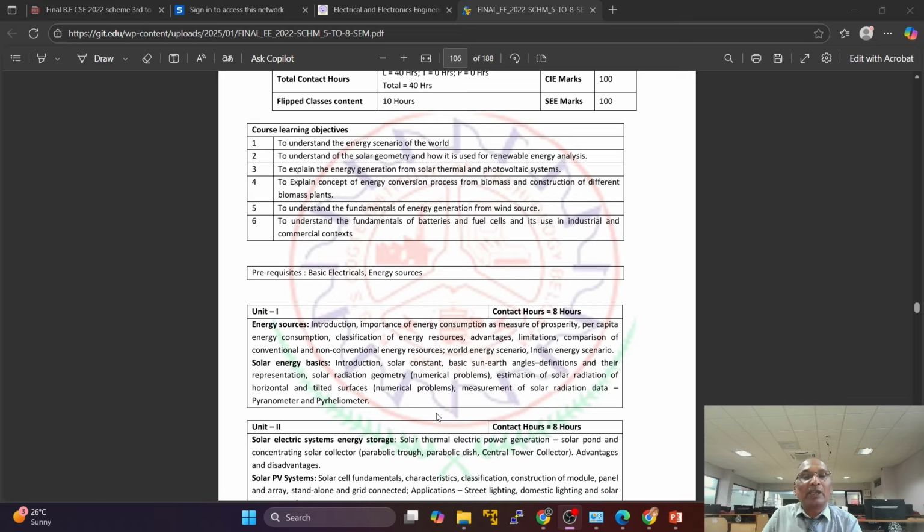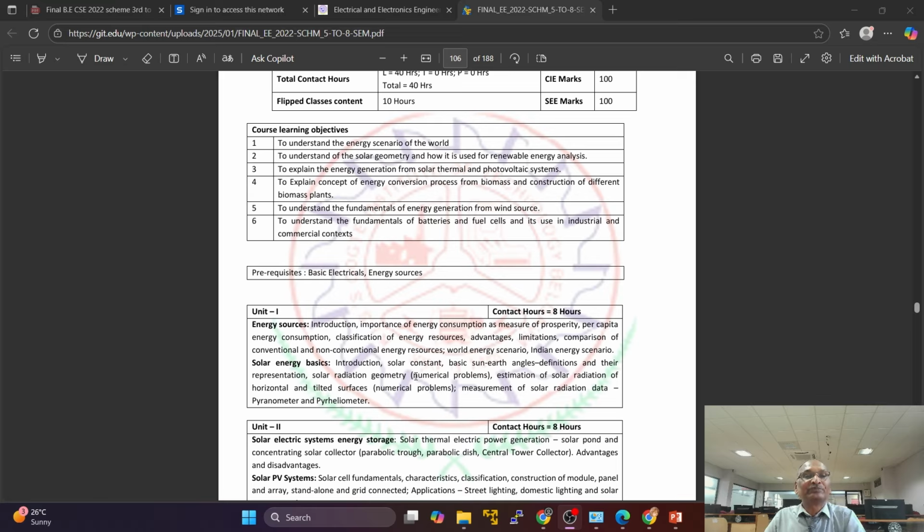We will see how countries are divided into developed, underdeveloped and overdeveloped categories based on energy consumption per capita, and how energy sources are classified, mainly conventional and non-conventional, and a comparison of these two types.